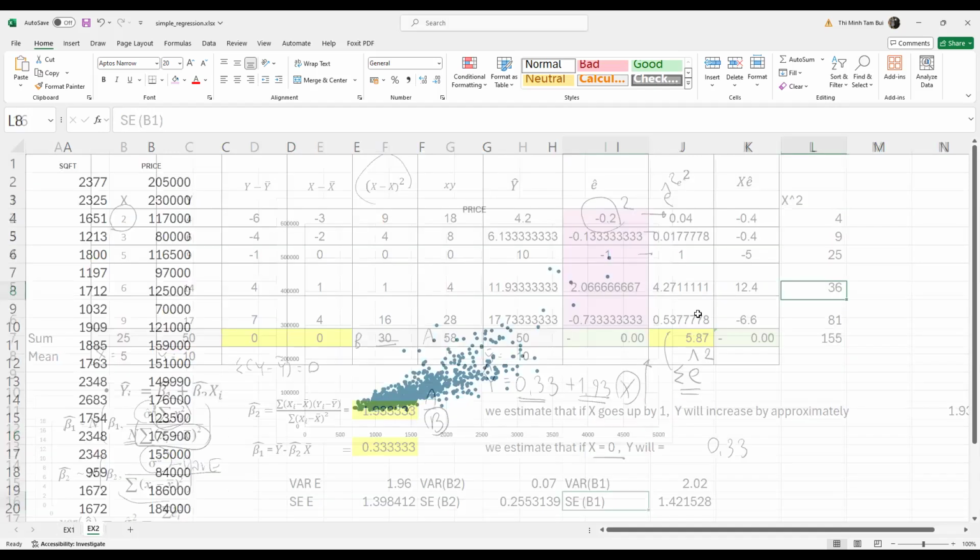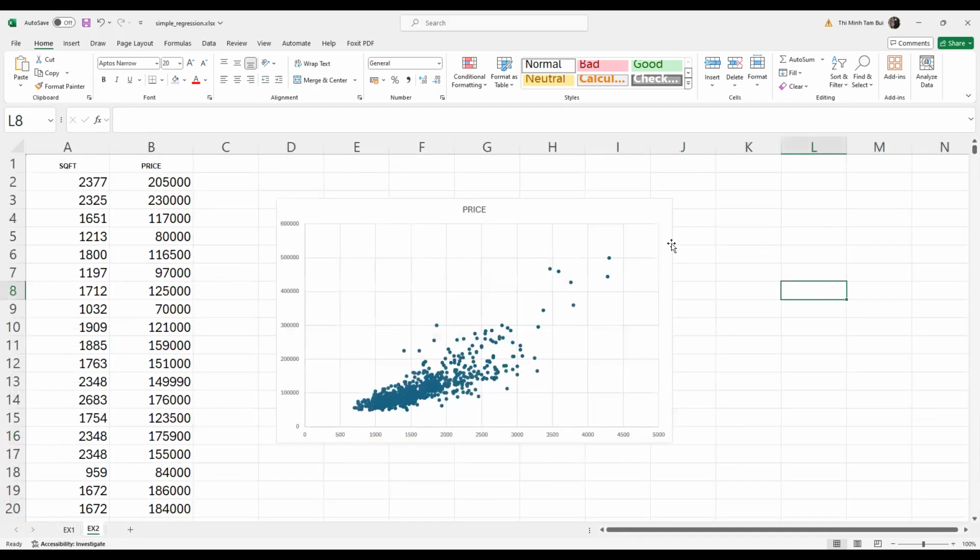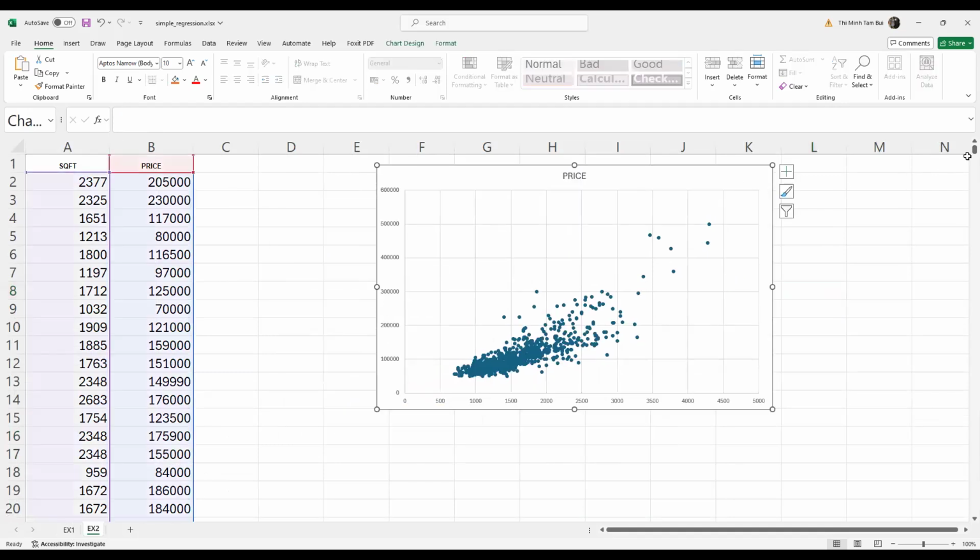But since this is very big data, it is more complicated. So I will show you that when you actually work on real data, we do not need to do those steps one by one, but we can do it very easily.